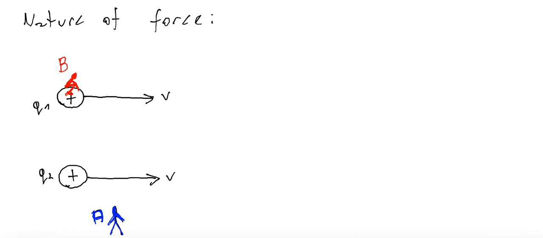Is that clear? Okay, so let's start with observer B. What does B see? From the perspective of B, charge 1, on which B is sitting, is stationary. And charge 2, which is observed by observer B, is also stationary.